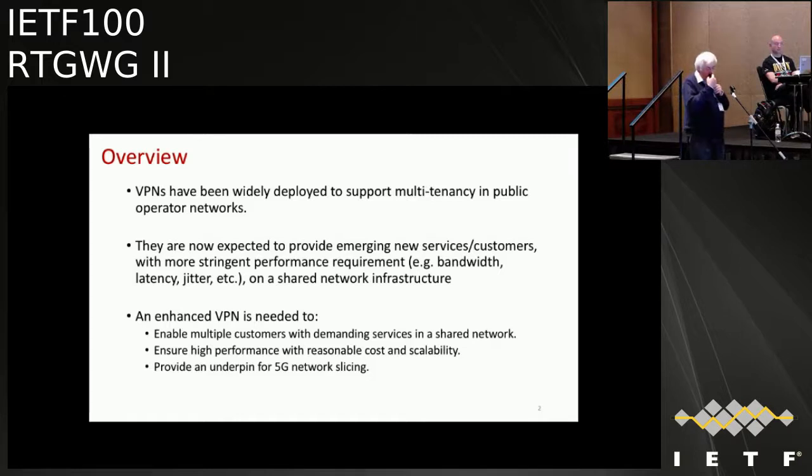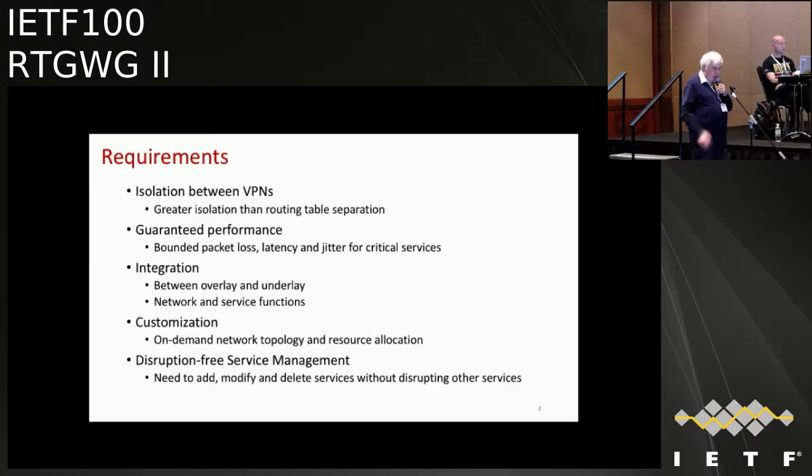So what we think we need to do is to provide an enhanced VPN that enables multiple customers with quite demanding services on a shared network, ensuring high performance with reasonable cost and scalability. The reason we're doing this is to underpin 5G and network slicing. But we think there are other applications for it as well.